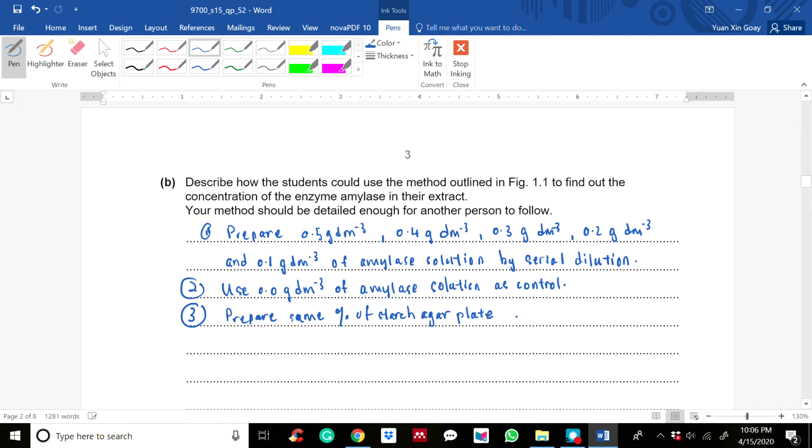And while you're preparing, you need to mix starch agar powder together, and you need to add distilled water and also buffer with constant pH. So you can use buffer with constant pH.